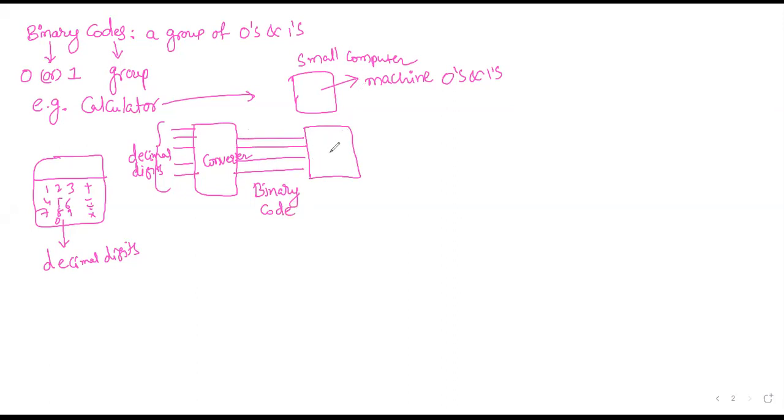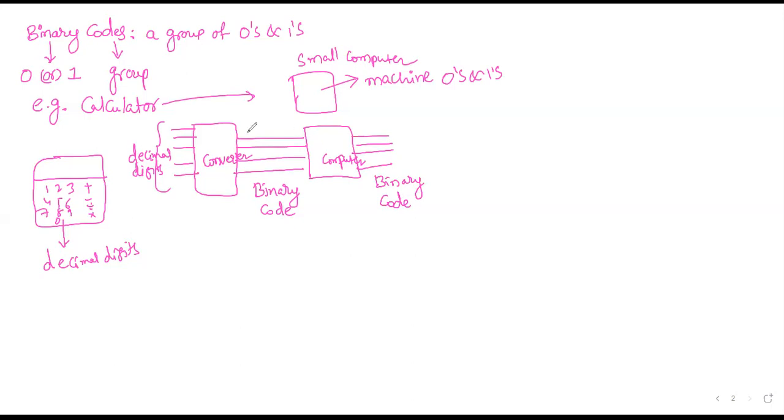Then this computer will process. It will do some addition, subtraction, whatever it may be. Then it will give the output. And the computer will give the outputs in zeros and ones only, nothing but a group of zeros and ones, nothing but binary code.